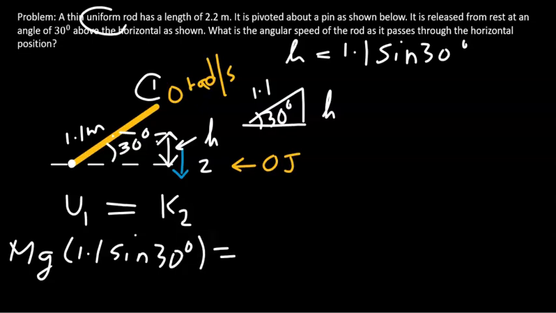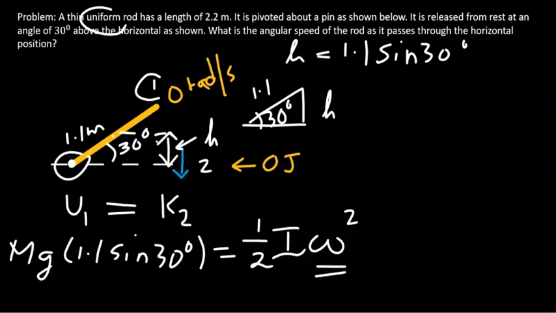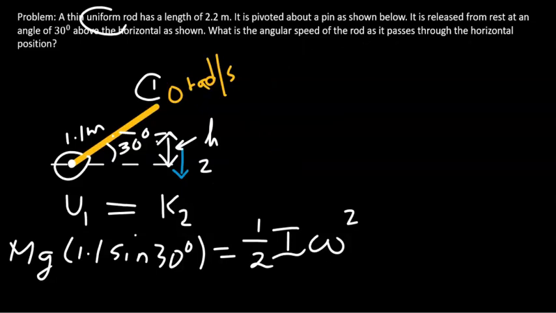Now what about K2? What is the kinetic energy of this rod as it passes through the horizontal position? It's given by half the moment of inertia of this rod about the axis of rotation times omega squared, where omega is the angular speed at position 2. Let's calculate the moment of inertia of this rod about one of its ends.